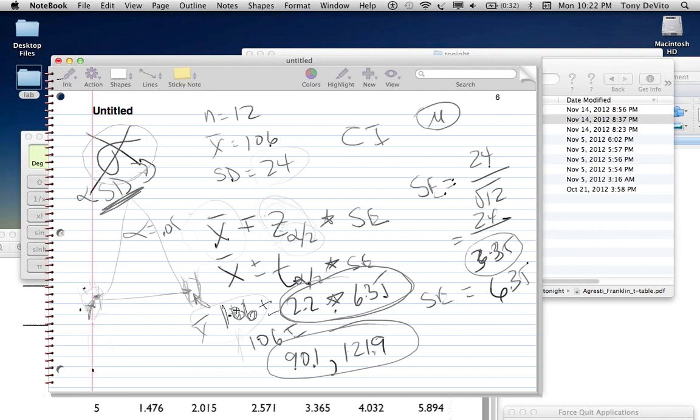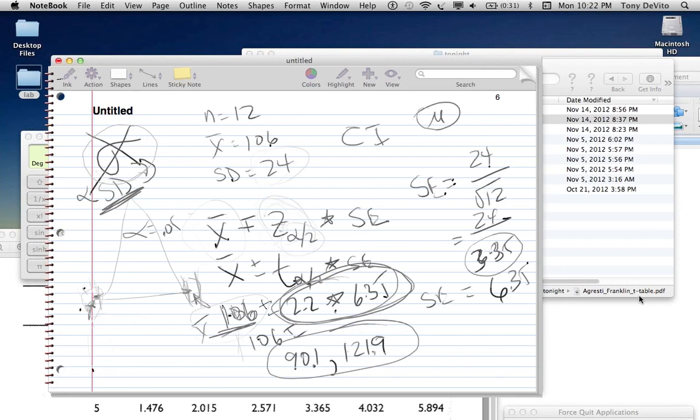Okay, so what do we call this value that I'm adding and subtracting to my estimate of the mean? You guys know what that thing's called? Think about election polls, and they would always tell you, oh well, so and so has 49% of the vote, plus or minus 3%.